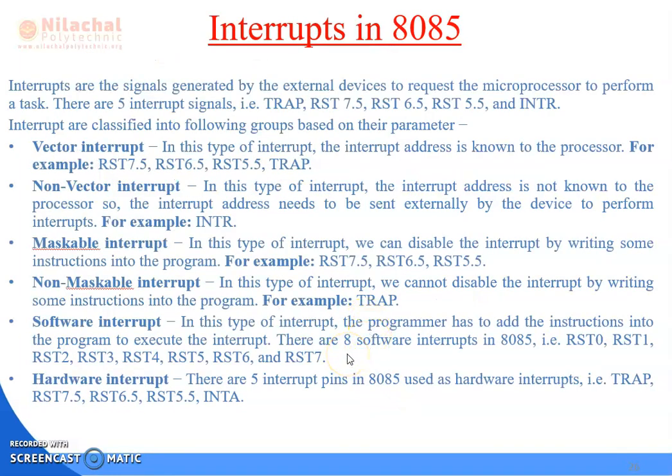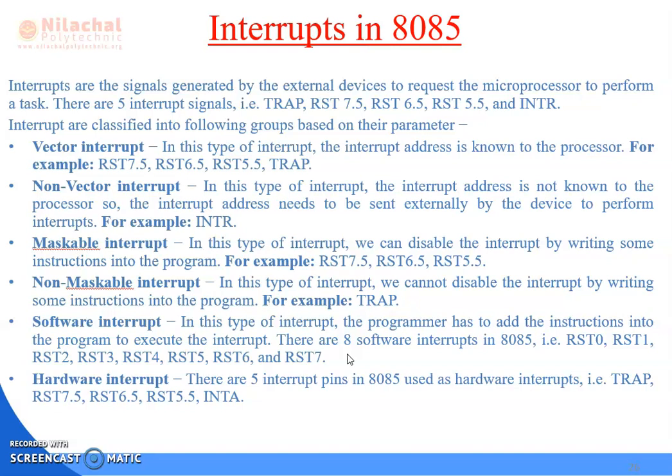Next, interrupts of 8085 microprocessor. So first of all, what is interrupt? Interrupts are the signals generated by the external devices to request the microprocessor to perform a task. There are 5 interrupt signals, that is TRAP, RST 7.5, RST 6.5, RST 5.5 and INTR.